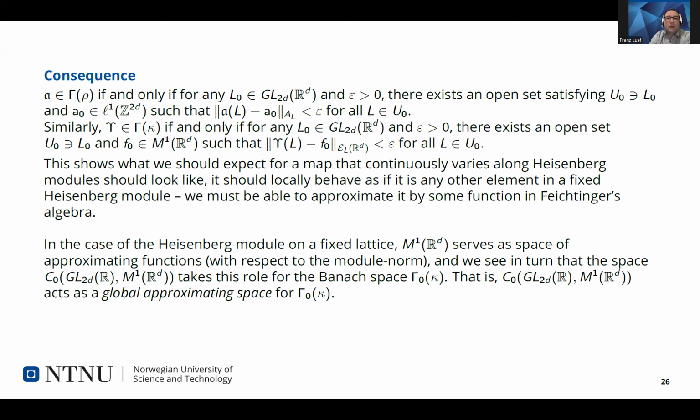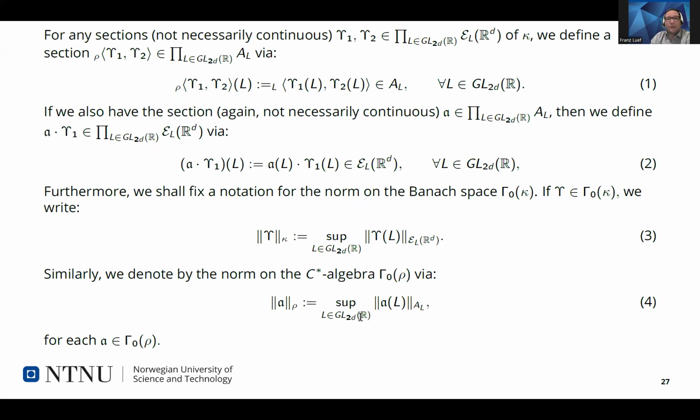And so, in some sense, this bundle that we construct of Heisenberg modules should locally look like things that can be nicely approximated by things from the Feichtinger algebra. It doesn't matter, it's not so important.